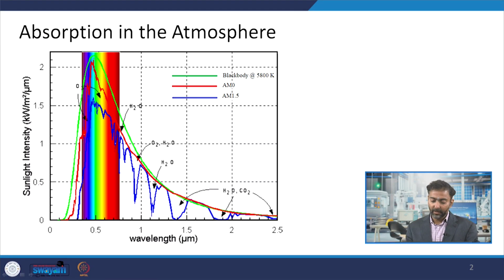So the radiation AM0 here, the spectrum AM0, as we discussed last time, this is the spectrum just outside the earth's atmosphere.